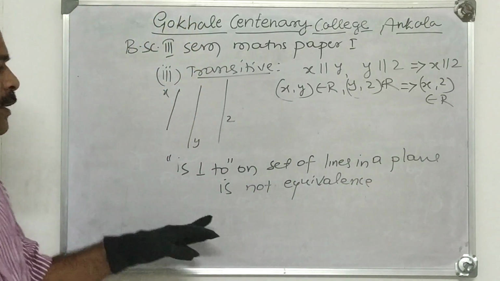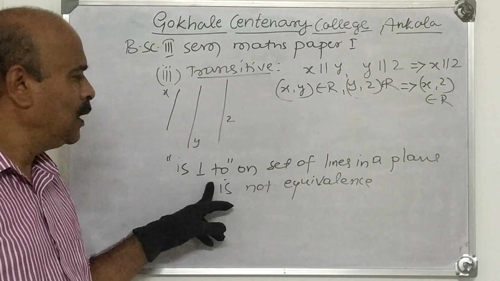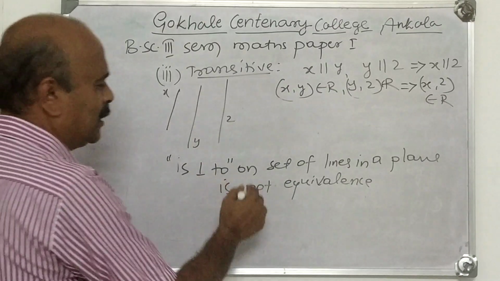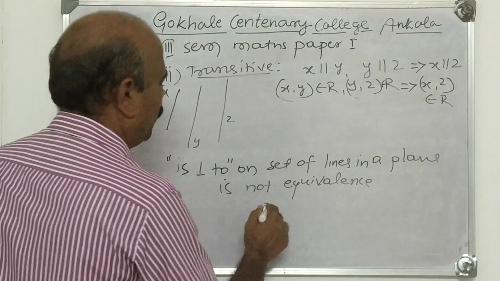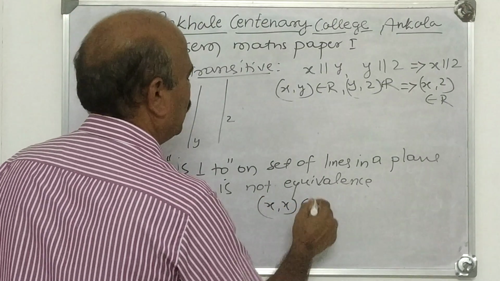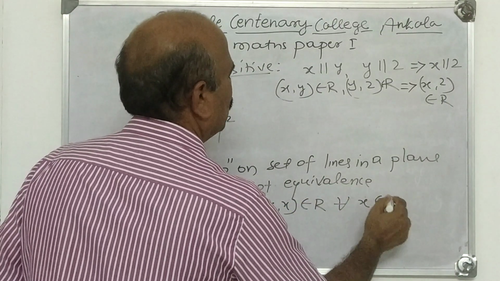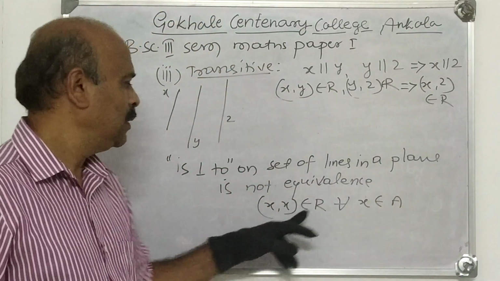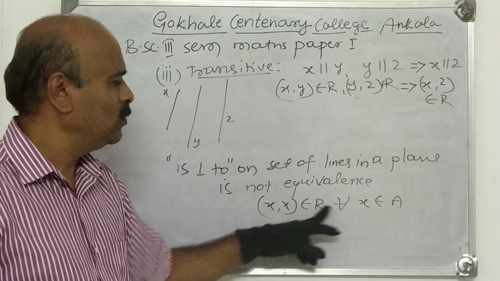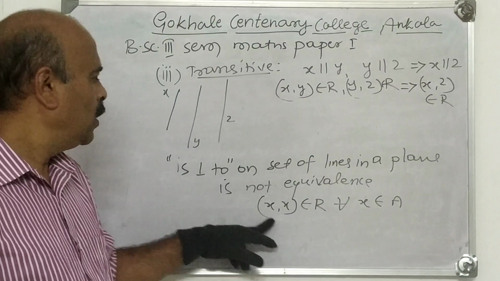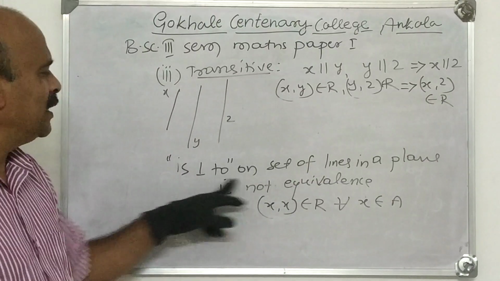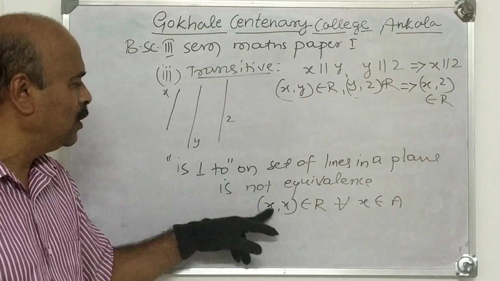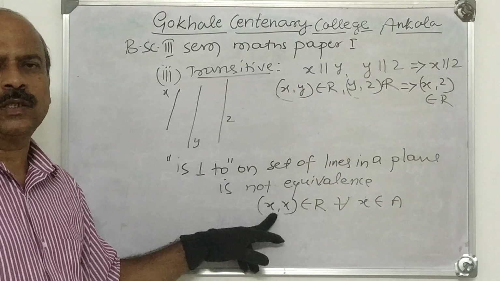Why is it not an equivalence relation? Because this is not reflexive at all. When you say that a relation is reflexive, (x, x) belongs to R for all x belongs to A, the set here. Suppose A is the set of all lines, then (x, x) belongs to R means x is perpendicular to x.